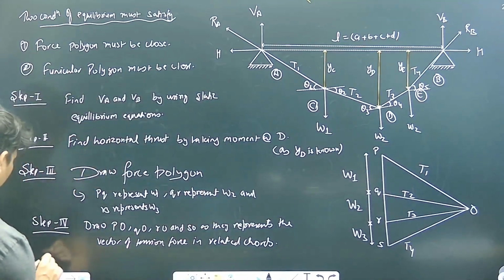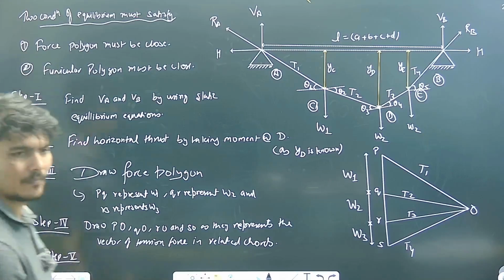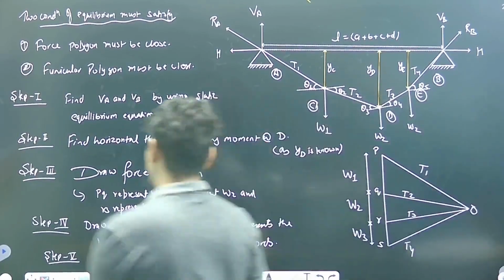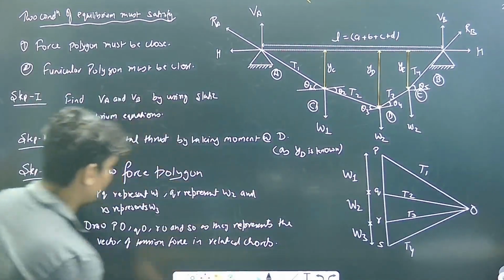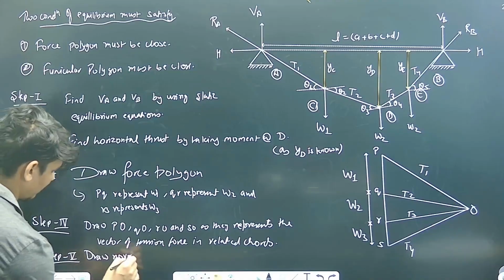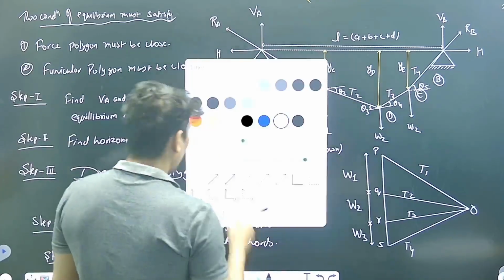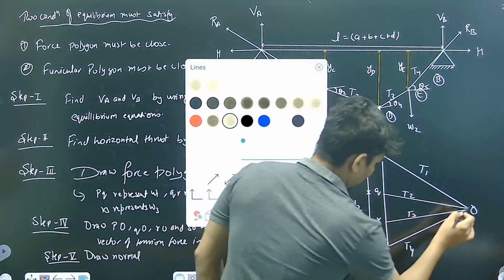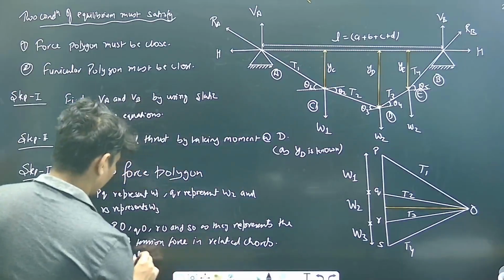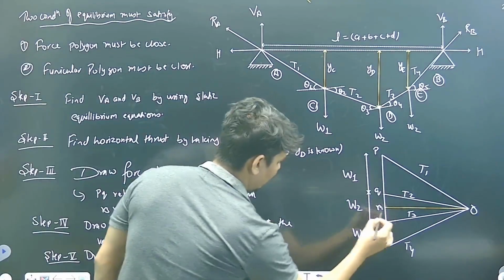Step number 5. Is it visible? Step 5. Now draw one normal from O. Draw a normal. तो उस नाम दे देते हैं, say OM.